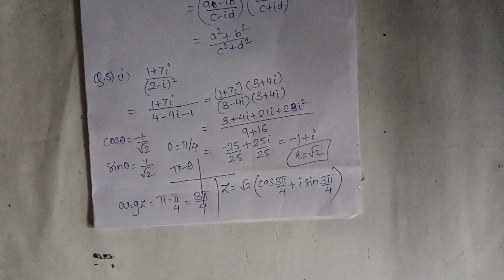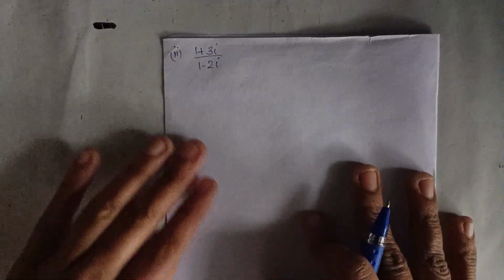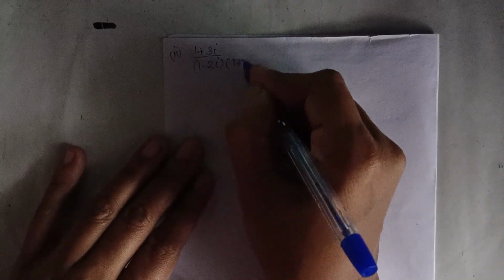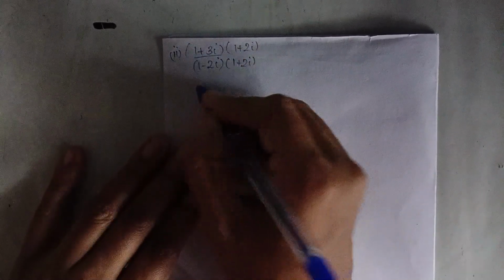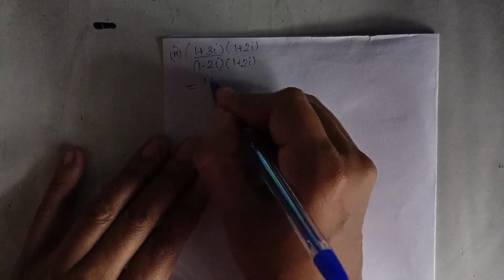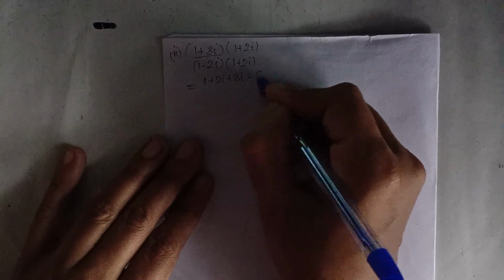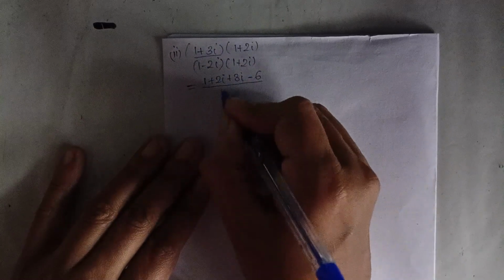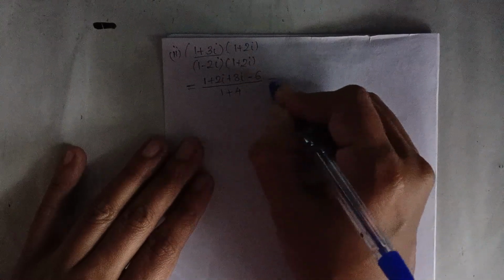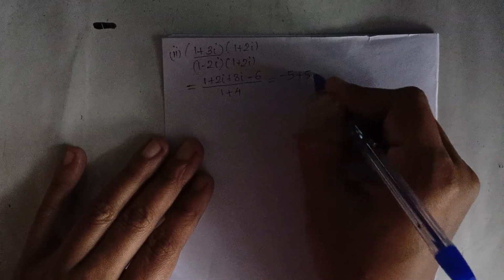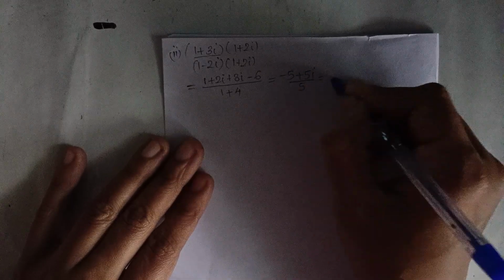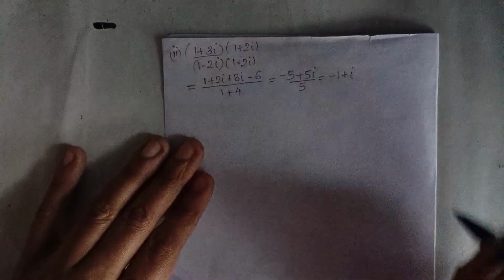Second one, (1 plus 3i) upon (1 minus 2i). So multiplying by its conjugate, we get 1 plus 2i plus 3i minus 6 upon 1 square plus 4, so 5, which is (minus 5 plus 5i) upon 5, that is minus 1 plus i.